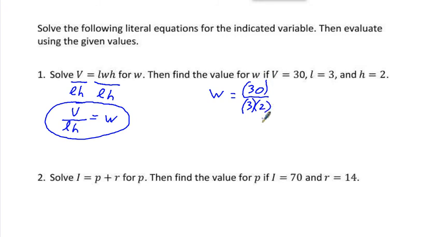And again, anytime we substitute, it's helpful to use parentheses. This will cut down on a multitude of mistakes in future problems, so develop this habit. 3 times 2 is 6. 30 divided by 6 is 5.